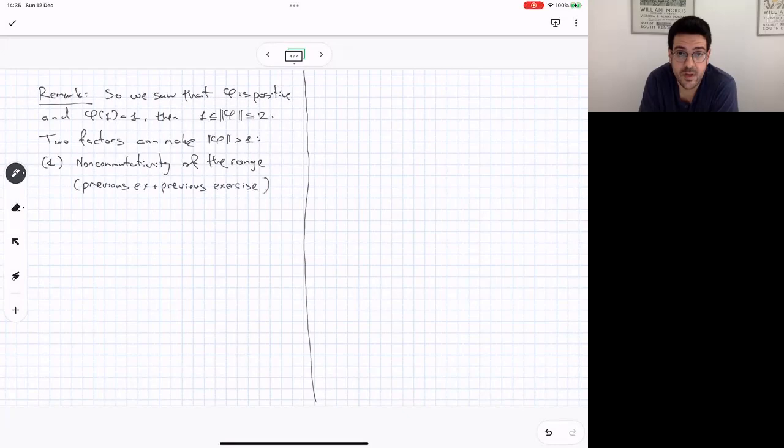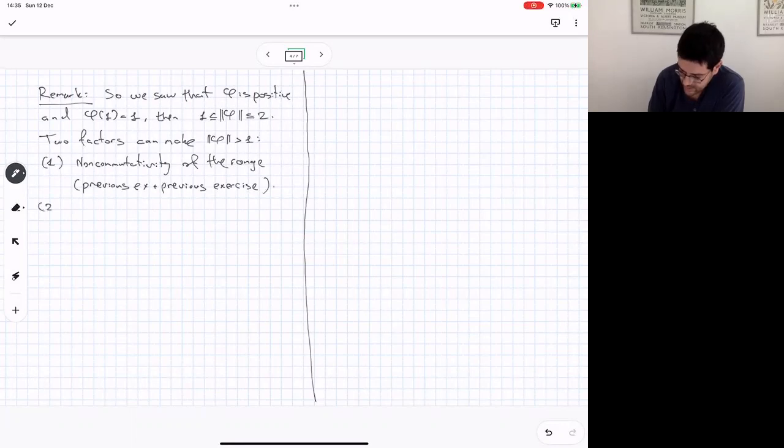The previous example tells us that we had a range that was M2. Although the domain was commutative, the range was non-commutative, and we got norm that is 2. The norm of phi was 2, although it was a positive map. And the previous exercise tells you that if the range is commutative, even if the domain is not commutative, this can't be the case. The norm will be 1. So non-commutativity of the range can ruin this.